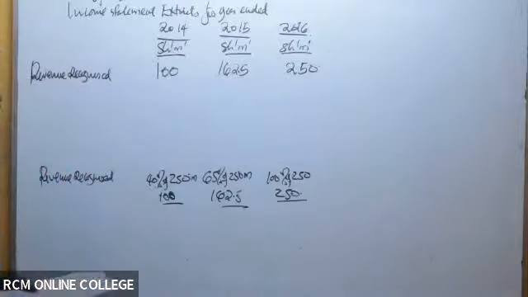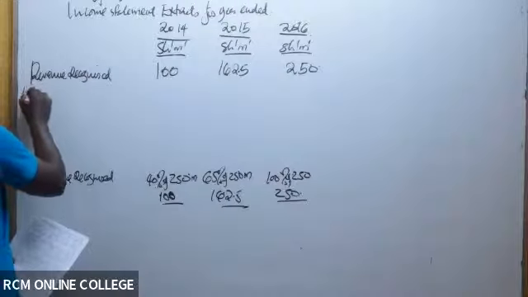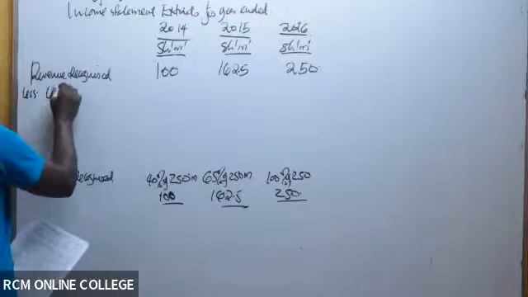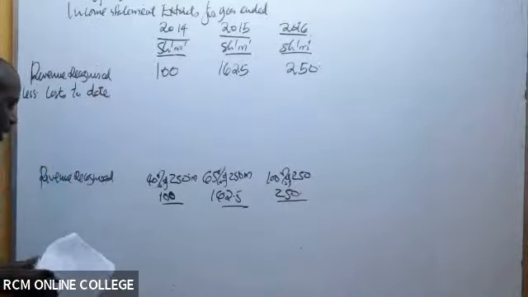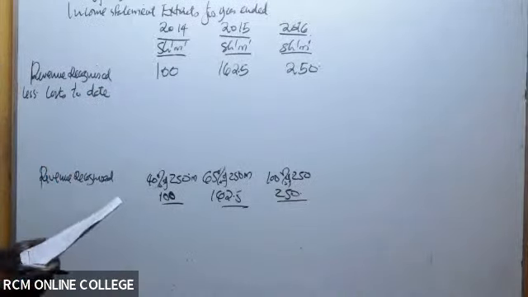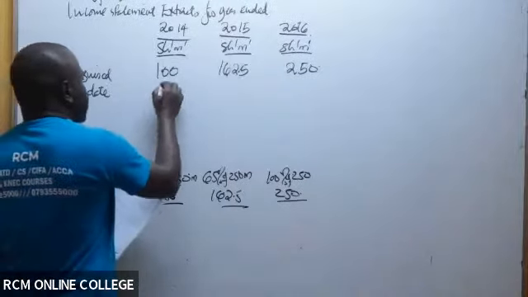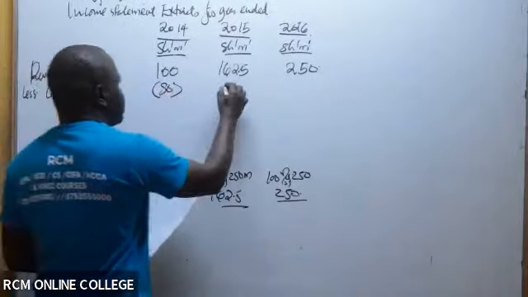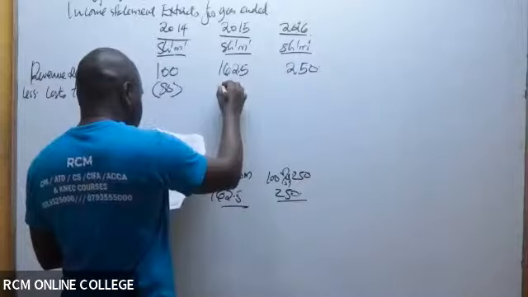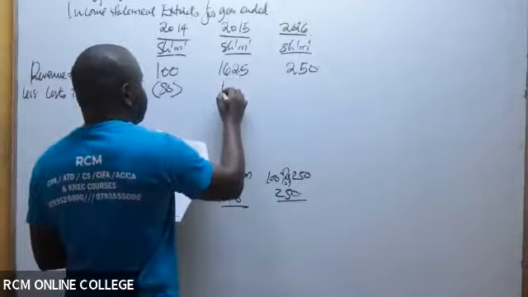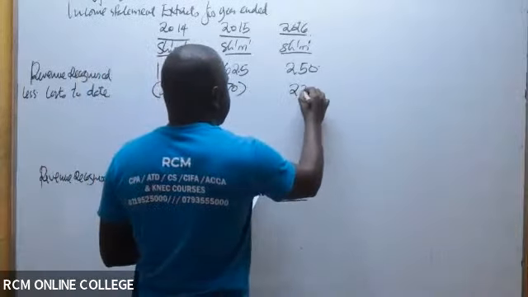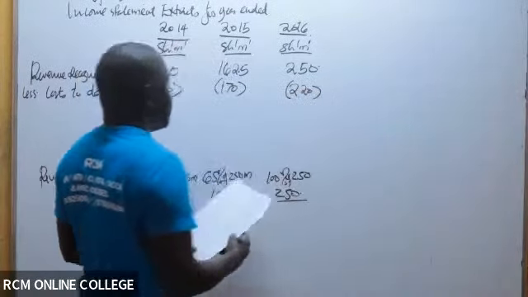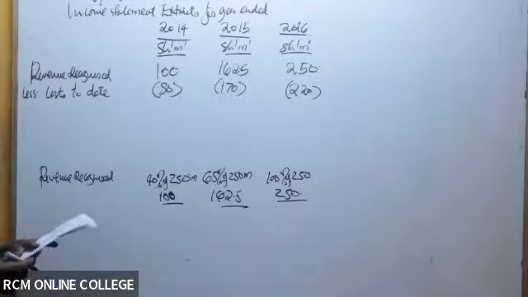Then we less the costs incurred to date, which you've already been given in the question. For the first year, it is 80. This one is 170. This one is 220.